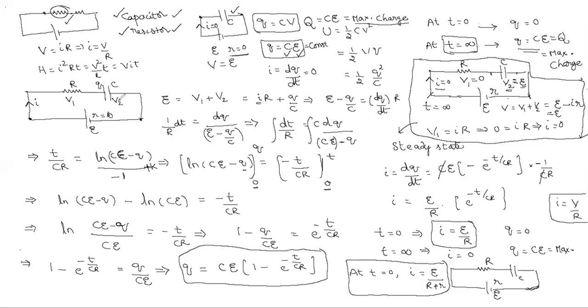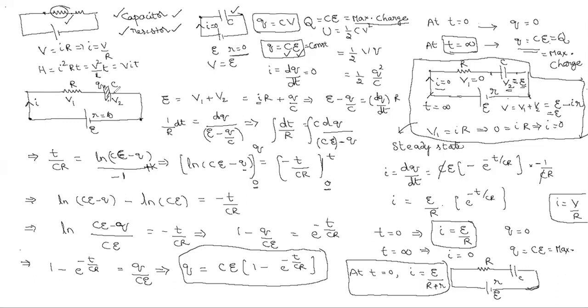Here, when the circuit is immediately closed, what is the intention of the cell? It tries to send the current. While it sends that current, the capacitor opposes the flow of that current. There is some insulator, the dielectric, which I already explained in the capacitor chapter. That dielectric does not allow the flow of current.